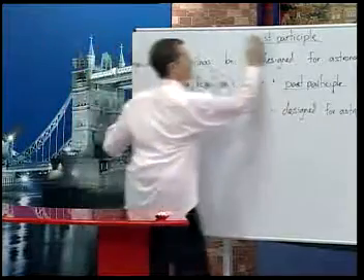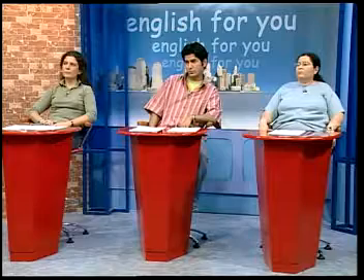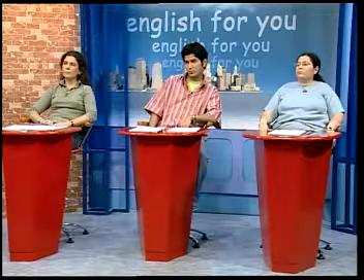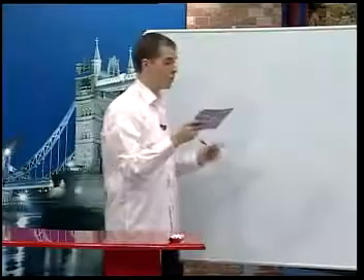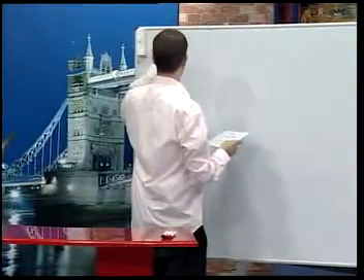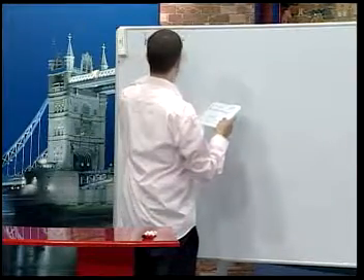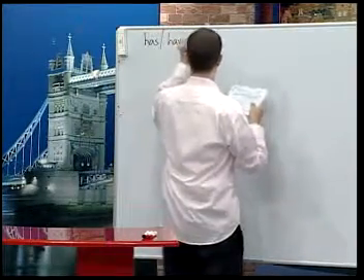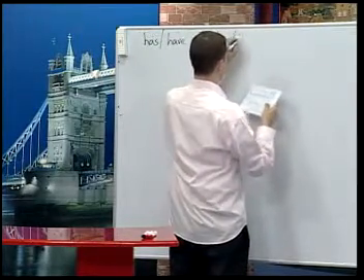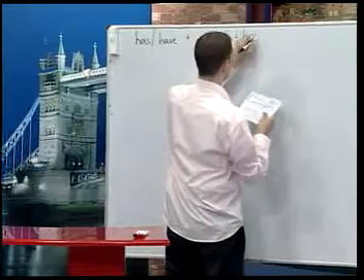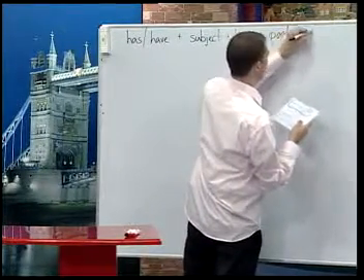Okay, let's take this off the board and have a look at yes/no questions. So, yes/no question, using the passive voice of the present perfect, we use this formula. Has or have, plus subject, plus been, plus past participle.